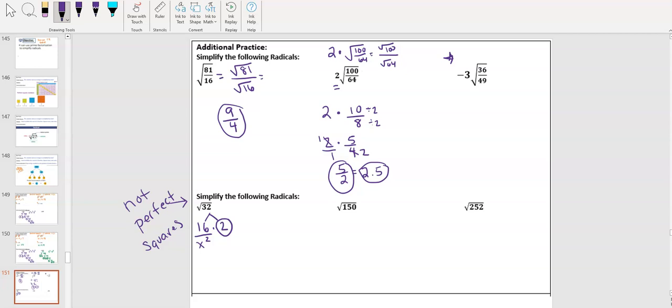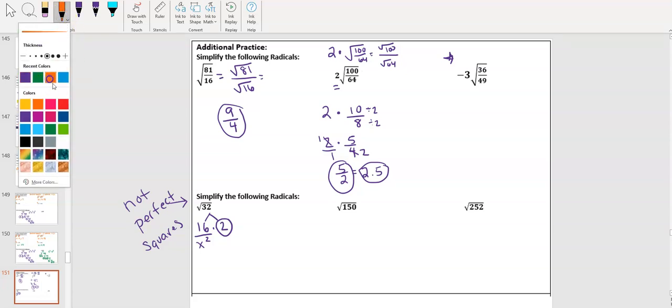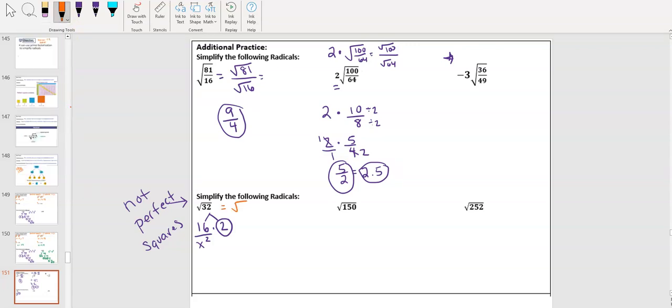So what we're going to do, well, it kind of matters. We'll explain. What we're going to do now is we're going to say, okay, so 16 times 2 is really the same as the 32. So the square root of 32 is the same as the square root of 16 times 2. When I put this radicand inside my radical symbol, my properties tell me that if I have a product inside my radical symbol, I can break them apart into 2 products with radical symbols.